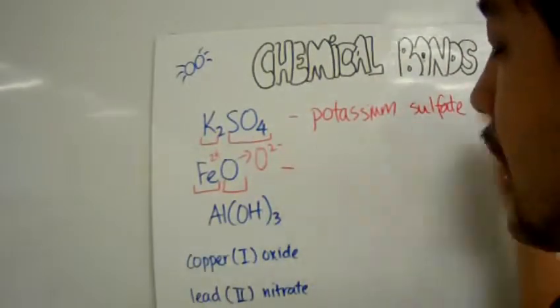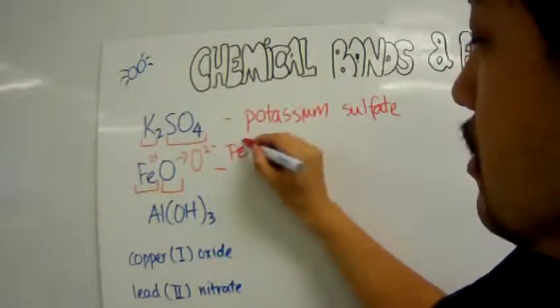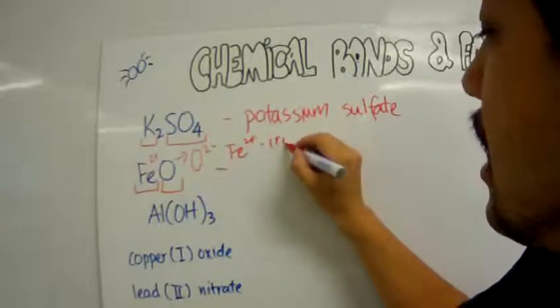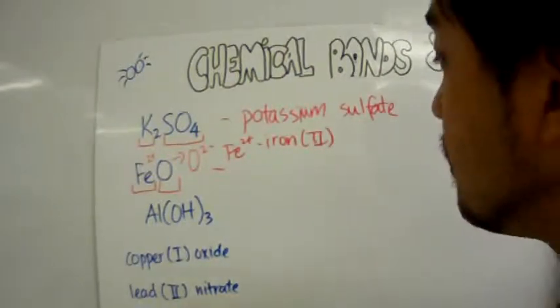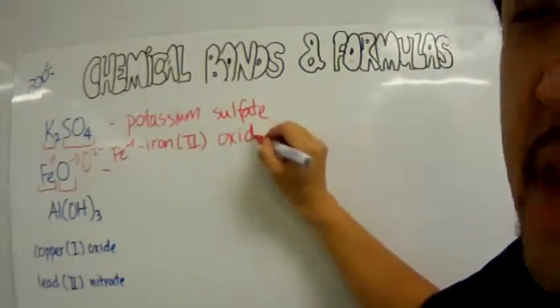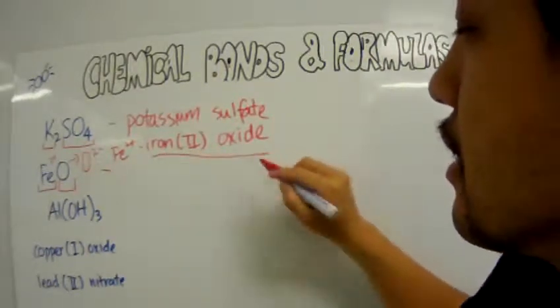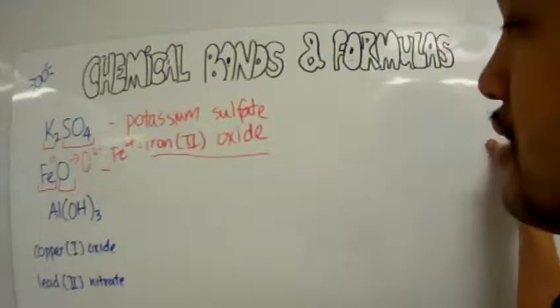So it must be iron(II), and the anion is oxide. So the name of the compound is iron(II) oxide.